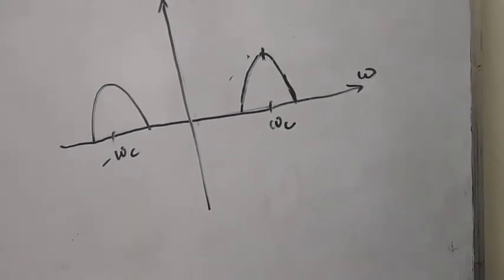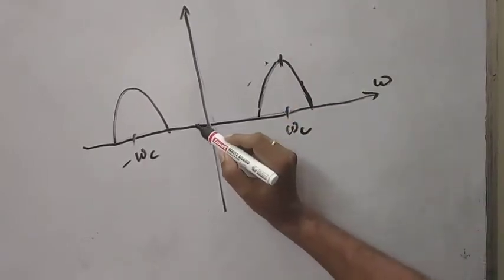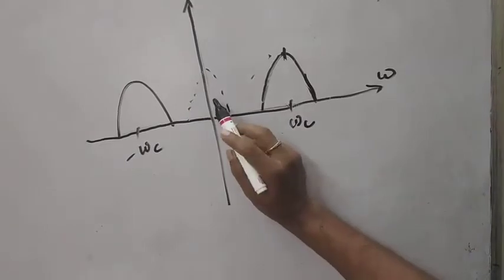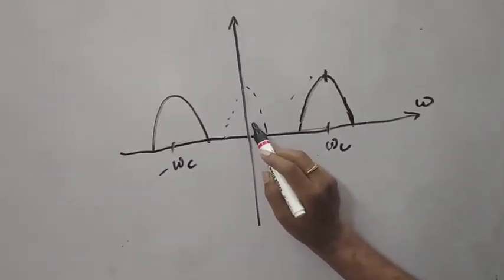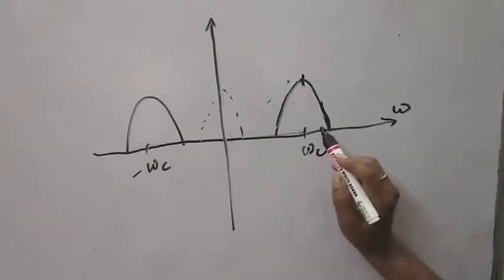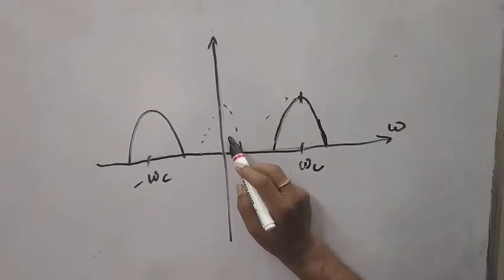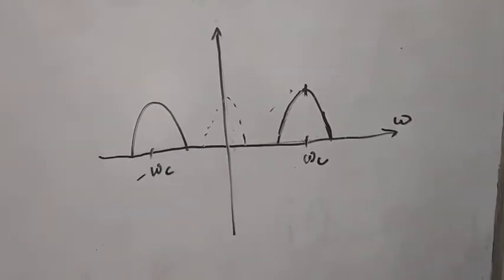Now see, intuitively or simply, what was your message signal? The message signal was like here. You have multiplied this signal with cos omega ct. That means you have multiplied by e to the power j omega ct, and it is giving this one. And you have also multiplied this signal by e to the power minus j omega ct, and it is giving M(omega plus omega c).